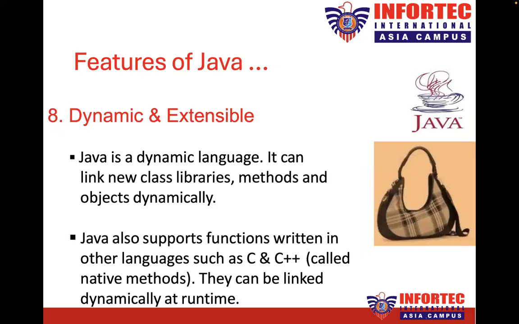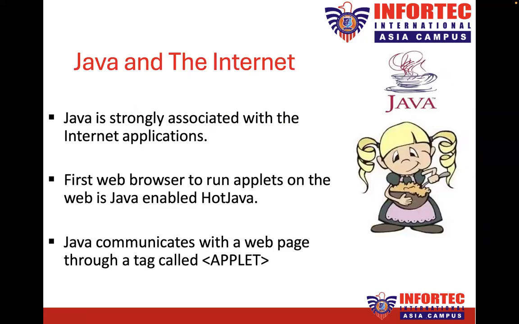If you want to expand your project, if you want to connect it with another different platform, yes, you can, because Java is very dynamic and extensible. It can link new class libraries, methods, and objects dynamically. Also Java supports some other programming languages, so it will be very helpful when we develop software with a few programming languages.